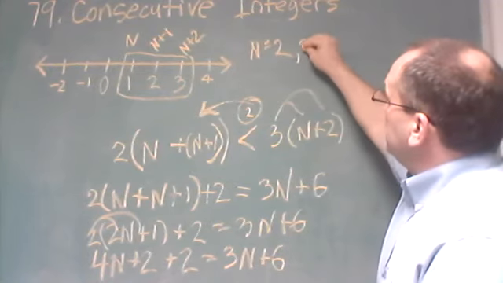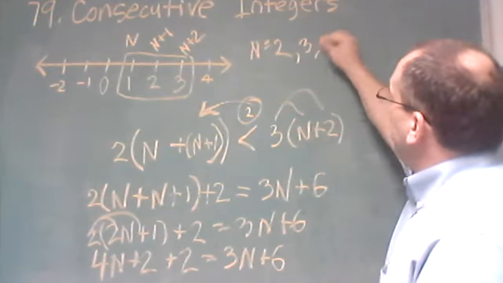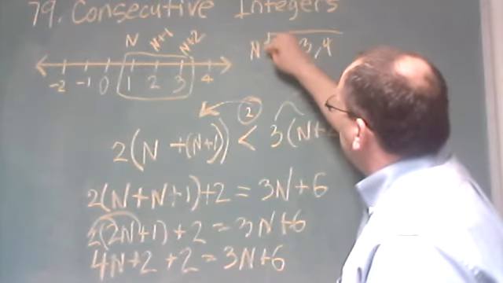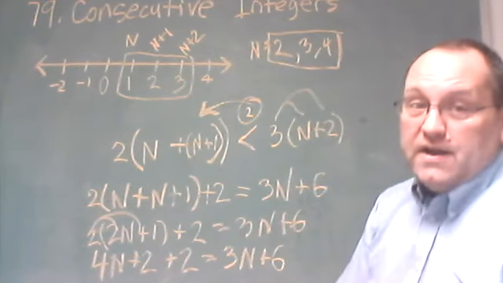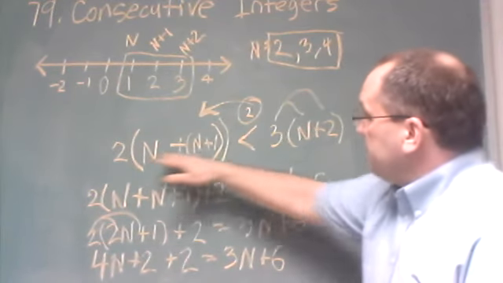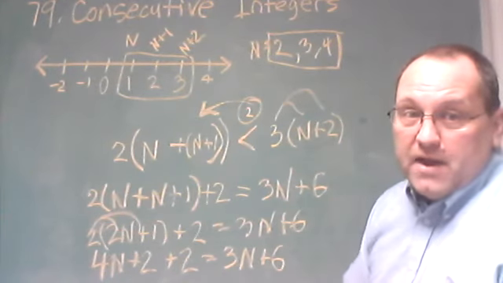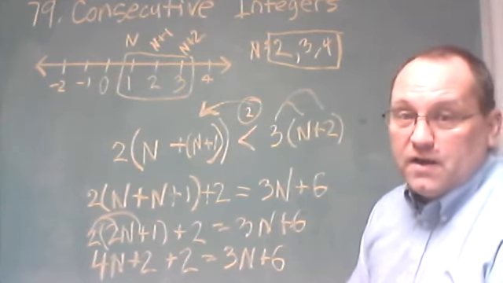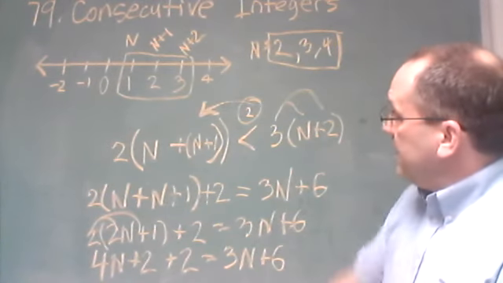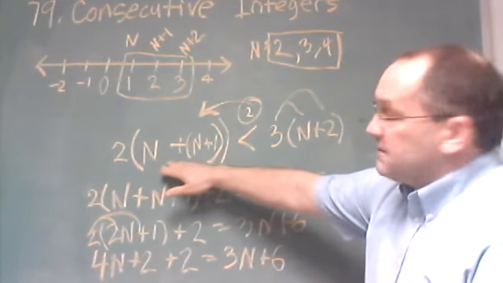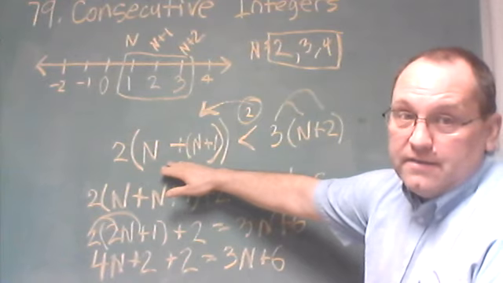The next number is 3. The next number is 4. That is the answer, because they wanted 3 consecutive integers that fulfilled this rather wordy expression of mathematically what they wanted to accomplish. Okay, so the trick is deciphering this first equation in the proper way.